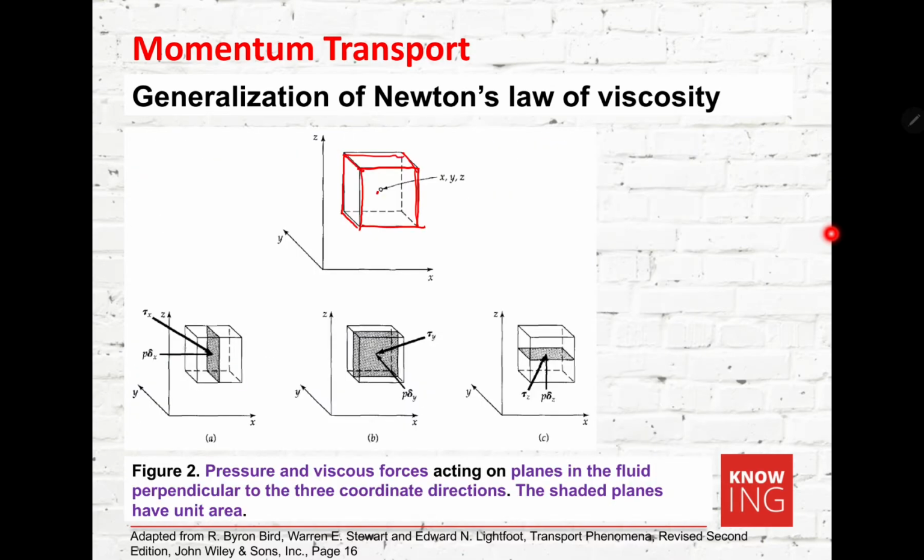If I remove this particular half of the cube, we put in the notations of the pressure that has to be applied in order to maintain the balance after we remove that half. This one is on the surface in the x direction, this one in the y direction, and this one in the z direction.